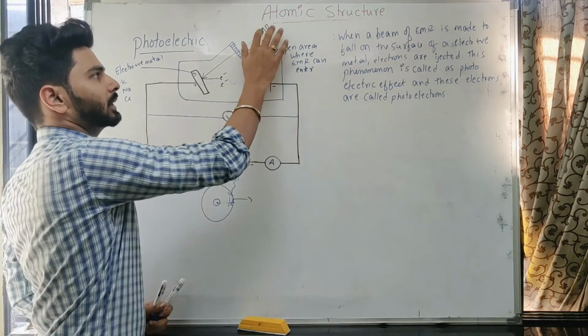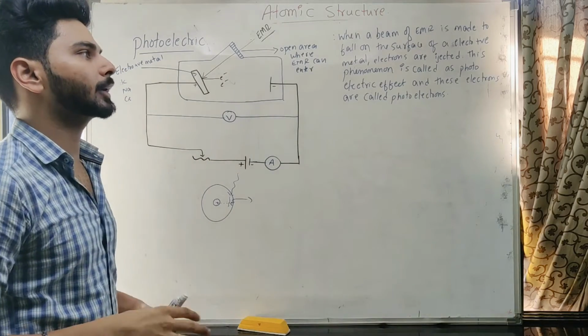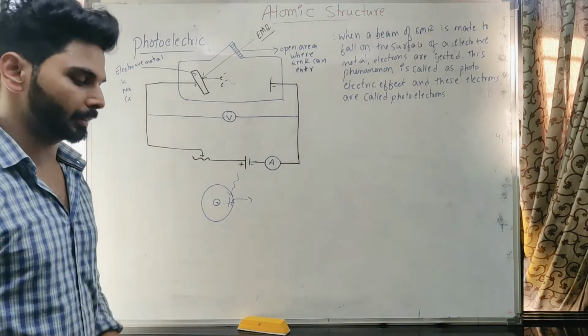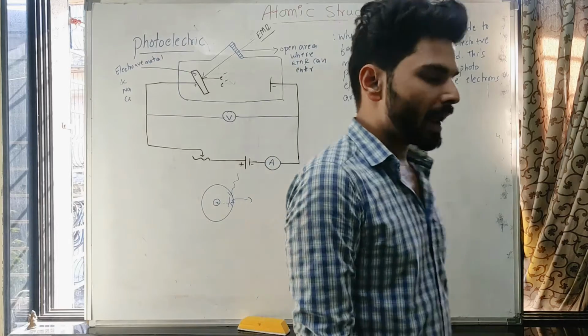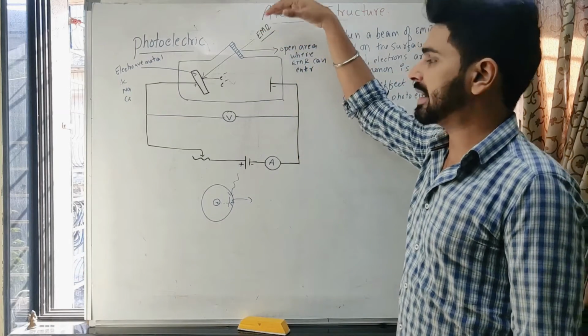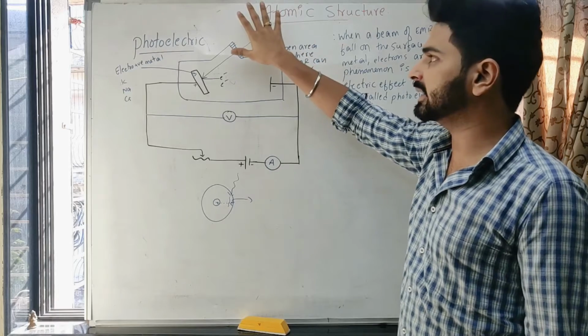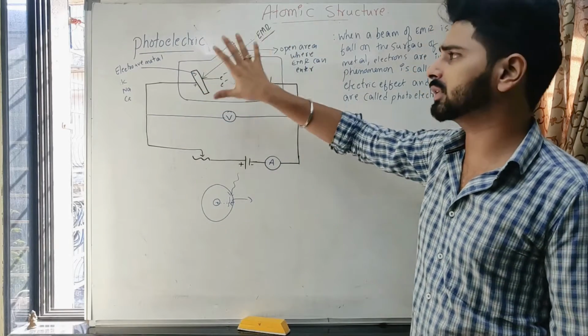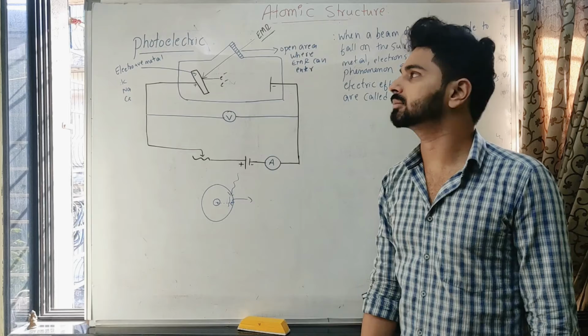So only electromagnetic radiation of enough energy can supply it. What happens if I supply an electromagnetic radiation which has less energy than that? Then there will not be any observation of the photoelectric effect in that system.